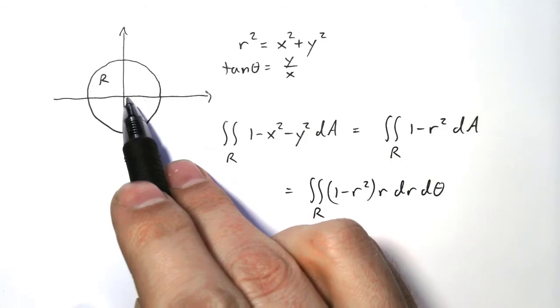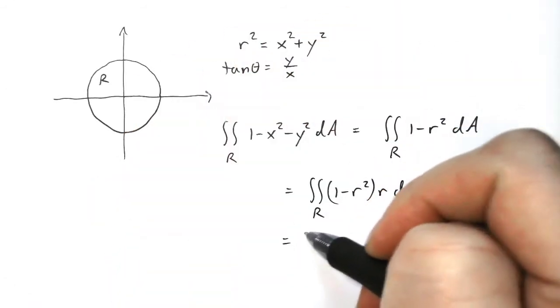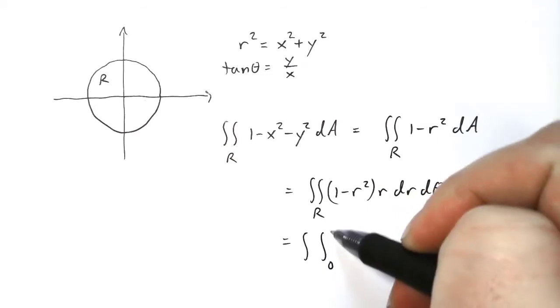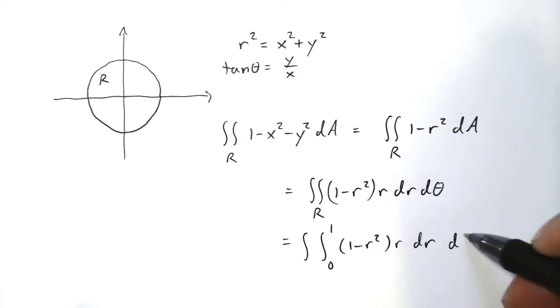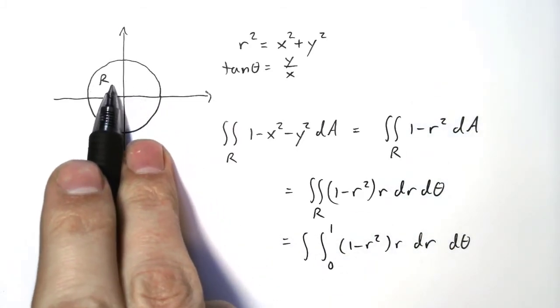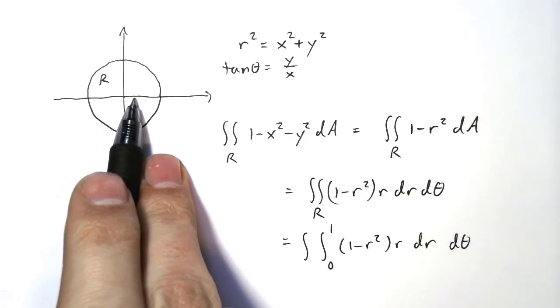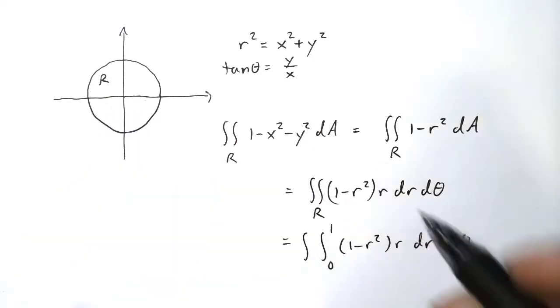We said it's a unit disk, so we go from 0 to 1. So when I write out the bounds here, I know r is going from 0 to 1. Now, what about the d theta part? Well, we start from theta equals 0, and we go all the way around the entire circle. So that means theta goes from 0 to 2 pi.